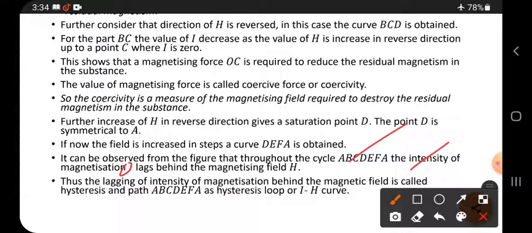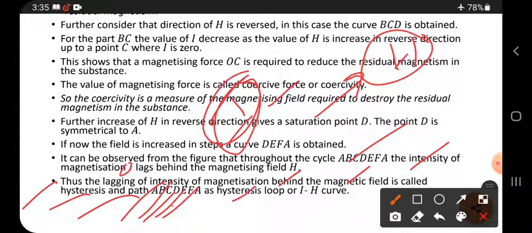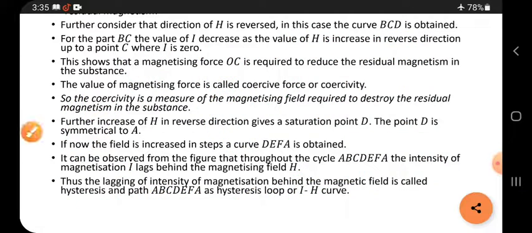Lagging means behind. The H value moves forward and the I value slowly decreases, so I lags behind H. Thus, the lagging of the intensity of magnetization behind the magnetic field is called hysteresis, and the path A, B, C, D, E, F, A is the hysteresis loop or IH curve, and sometimes it is also called the BH curve.